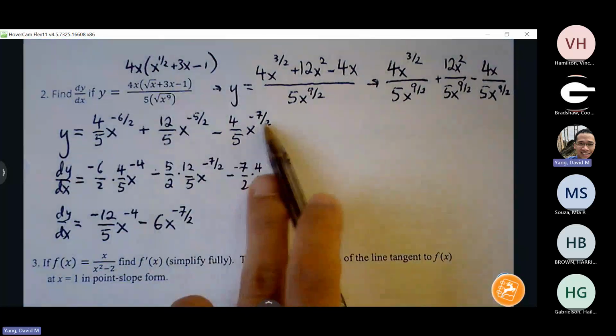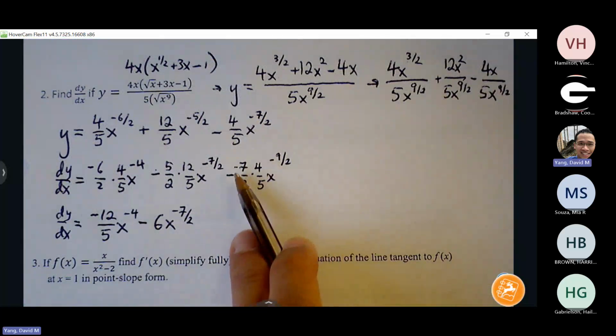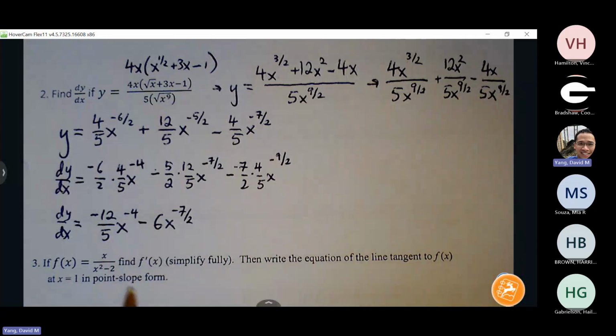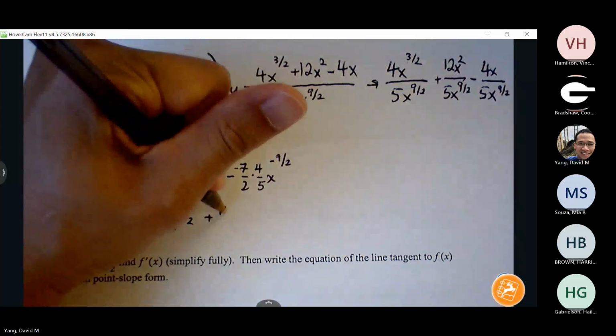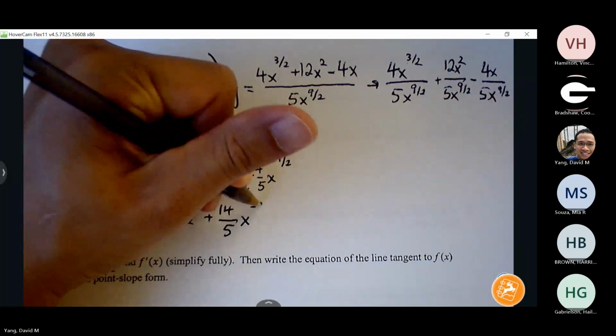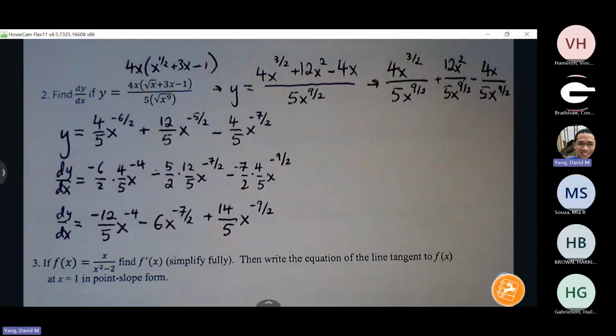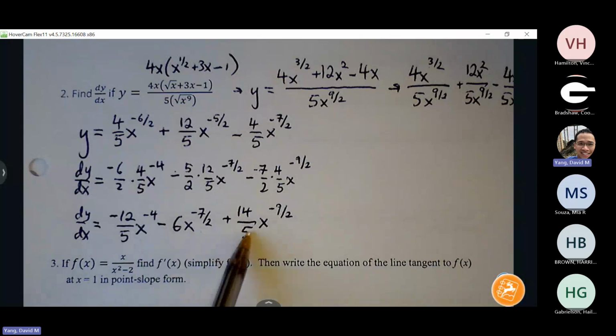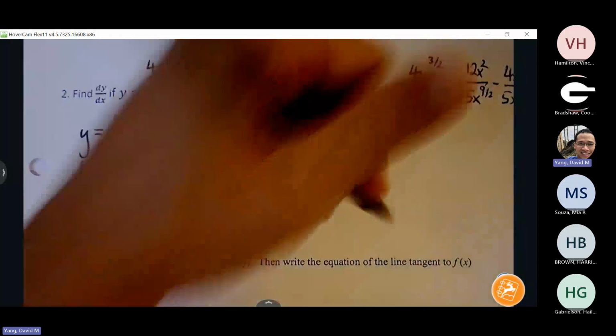And then here, when I bring that negative down, there are 2 negatives there, so that's going to become positive. I can make that a 2 here, so 14 over 5. So we basically have the derivative. I'm still doing some minor cleanup here. You see there are all these negative exponents. Let's push them back down to the denominator.